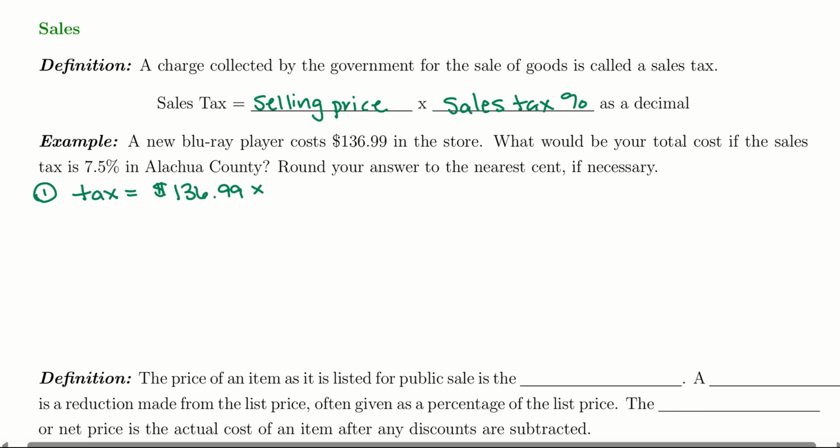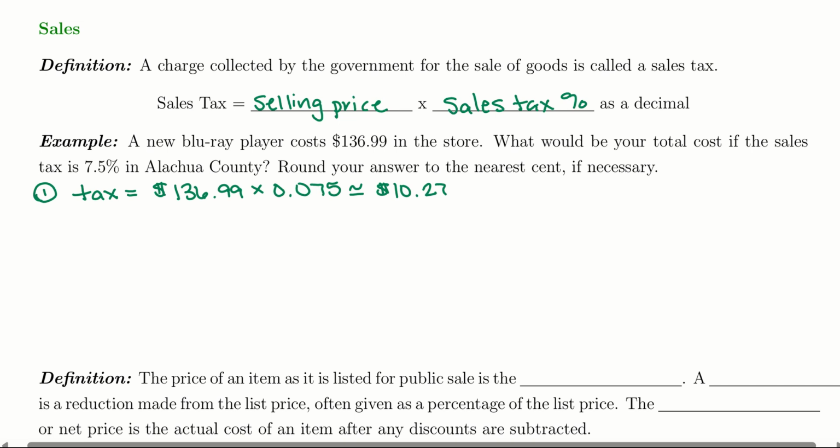Remember, as we go from percentages to decimals, we're moving the decimal spot over 2, and any blanks we fill in with 0. So this is going to be times 0.075. That gets us to approximately $10.27 as our tax.